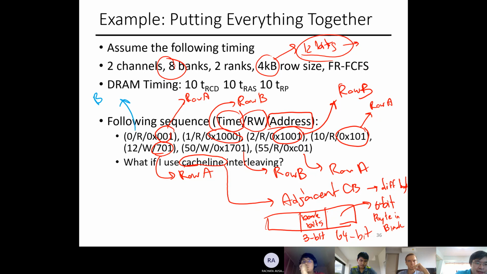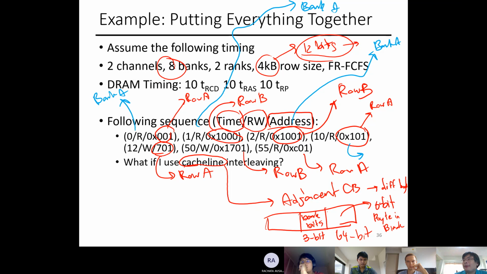So this is bank A. This also go to bank A, right? Because that 3 bits is in the second digit and the third digit in my hex number is 0, 0, definitely going to the same bank. This is also bank A. Same bank for sure.